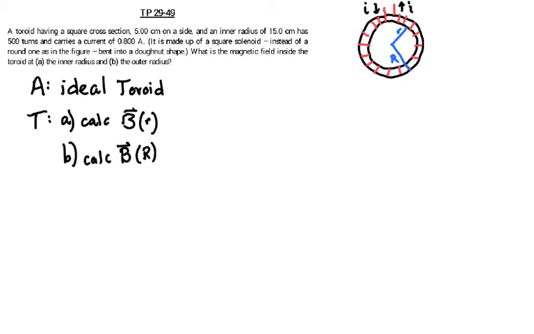Alright, so moving on. Next we have our physics step. I want you to pause the video and write down the equation you think you will need to calculate the magnetic field inside the toroid. Alright, so I will see you here in a minute.